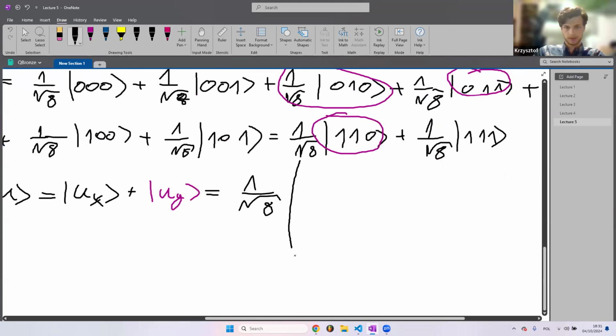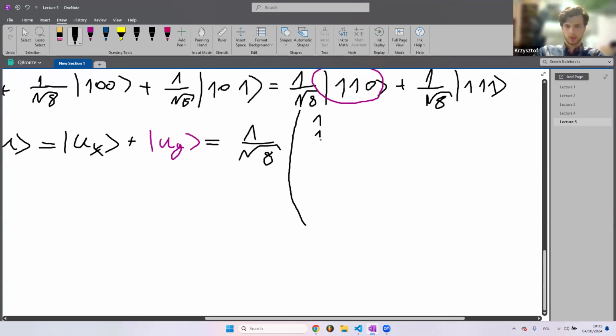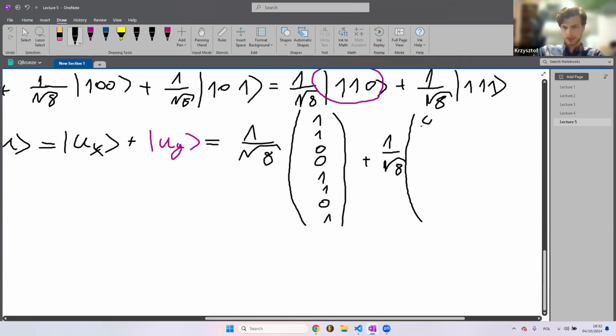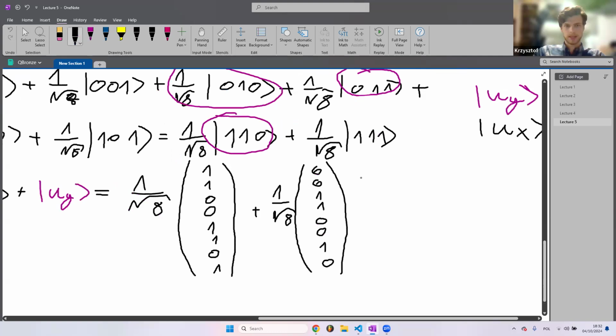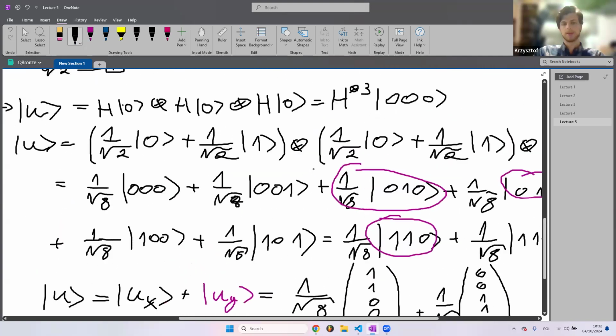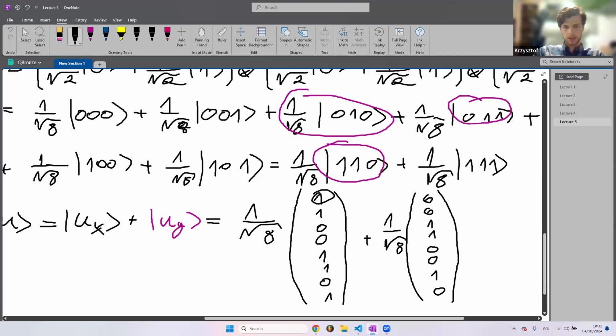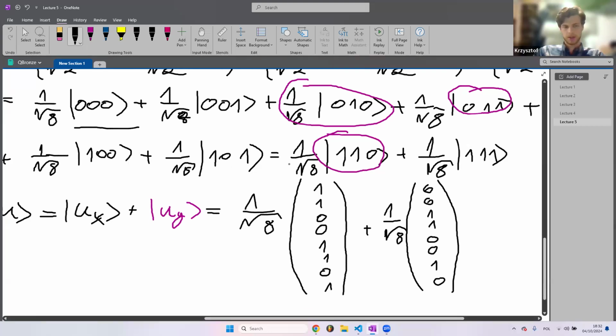And then I will take this huge vector as 1, 1, 0, 0, 1, 1, 0, 1, plus 1 over square root of 8, 0, 0, 1, 1, 0, 0, 1, 0. And these are the states from the top. This one here corresponds to the 0, 0, 0 state. Again, this one corresponds to the 0, 0, 1 state.